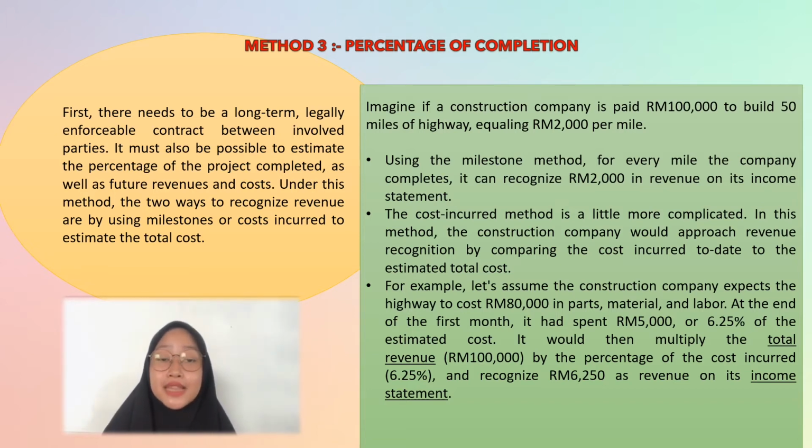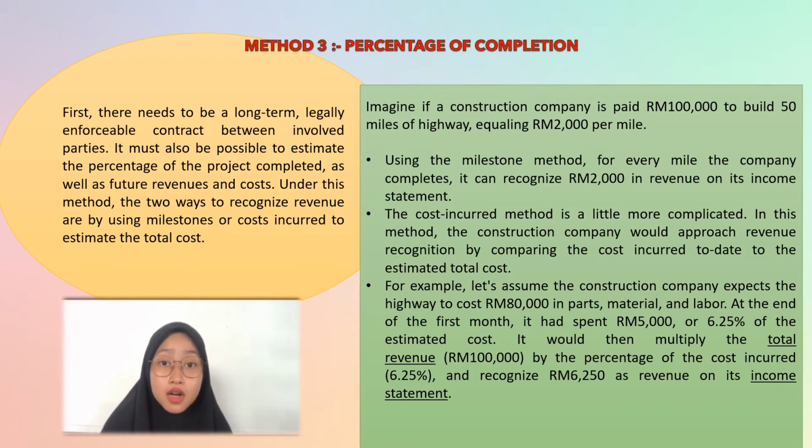Under this method, the two ways to recognize revenue are by using milestones or cost incurred to estimate the total cost. Imagine a construction company is paid 100,000 to build 50 miles of highway, equaling 2,000 per mile. Using the milestone method, for every mile the company completes, it can recognize 2,000 in revenue on its income statement.